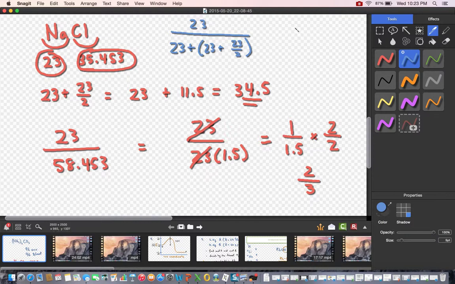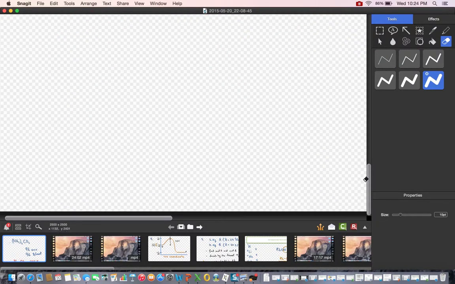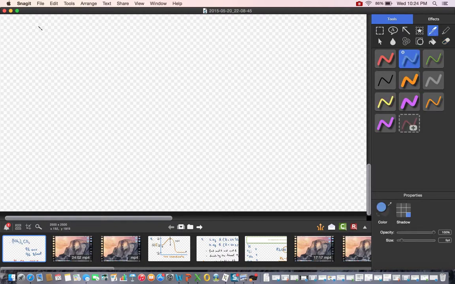And so when I do this, I have 23 over 46, which becomes 1/2. I have 1 over 2 plus I have 23 divided by 2. So I realize these numbers become cumbersome after a while. So let me get a whole new easel and go back and show you this step by step.